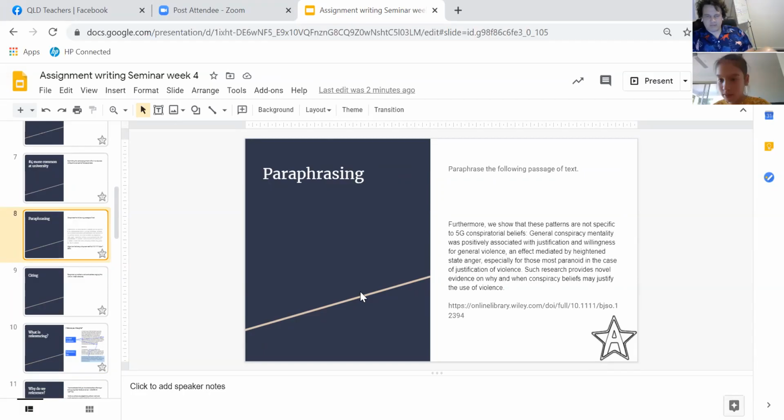So give 3 or 4 minutes to get that done. If you're watching the recording, you can either skip ahead or paraphrase the text that's on the screen.